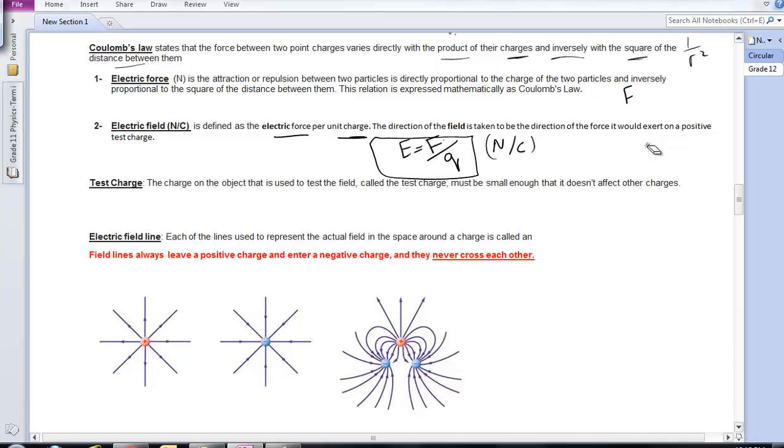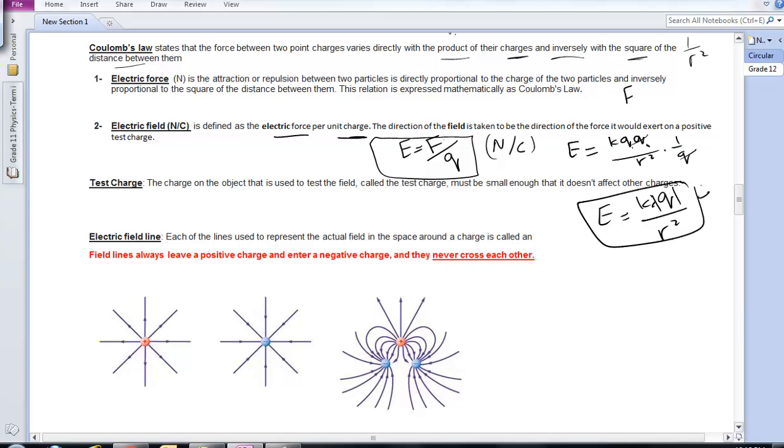Actually, we have another way to calculate the E. If you remember that F is equal to Kc Q1 Q2 over R squared, and divided by Q, because this is F, so 1 over Q, you will remove one of the Q's and you will end up with E equal to Kc Q over R squared, with an absolute value here.